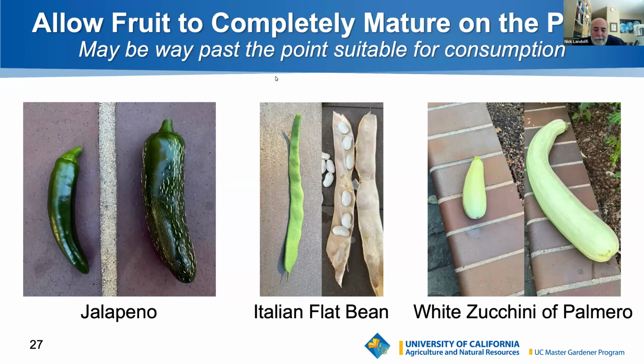The jalapeno on the left will certainly have seeds, but they might not be completely mature. To save bean seeds, allow them to completely dry out on the plant. And while an 8-inch zucchini may have mature seeds, your chance of success is much greater from a version allowed to grow much larger.